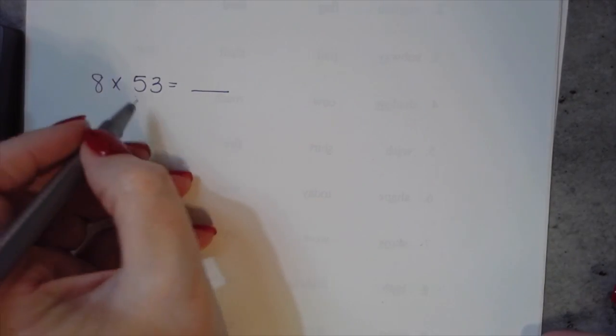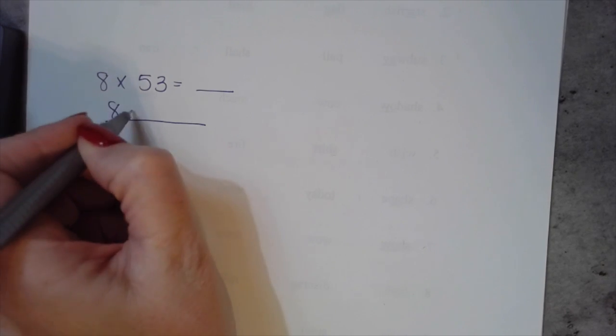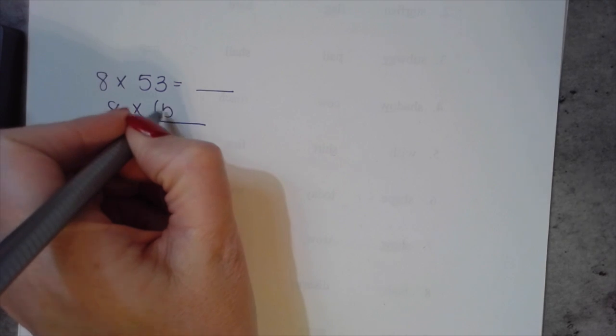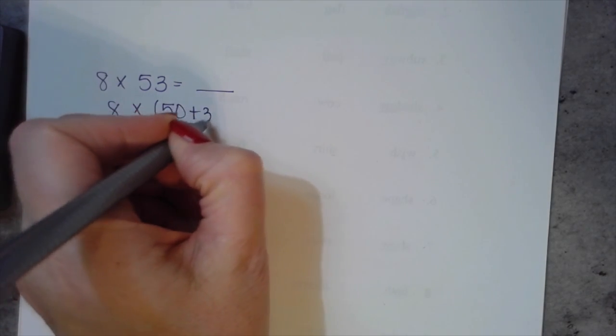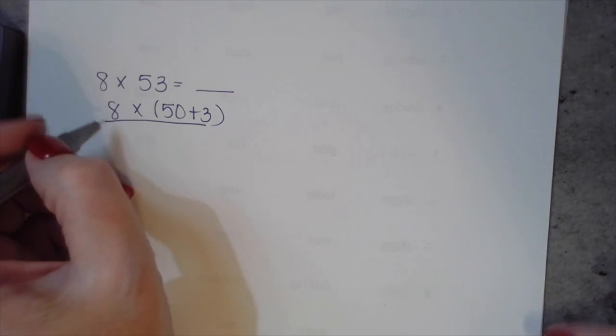8 times 53. Okay, so we're going to take 8 times 53 in expanded form, which is just 50 plus 3. Now, from here, we can build our two smaller equations.